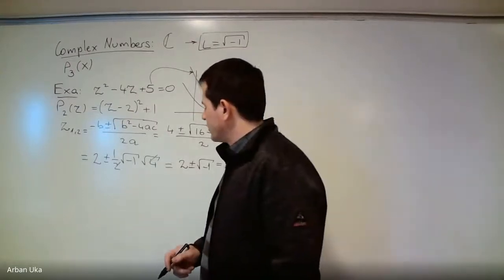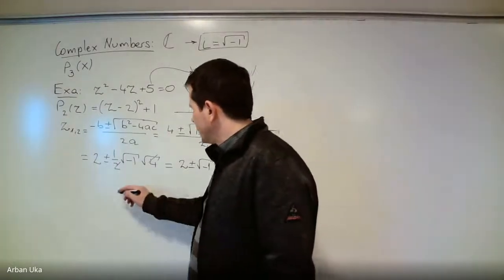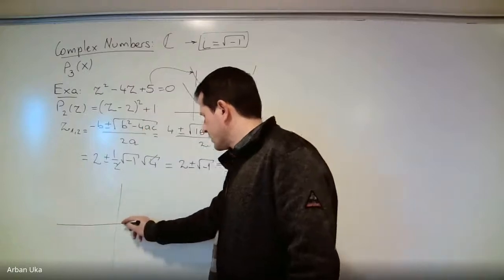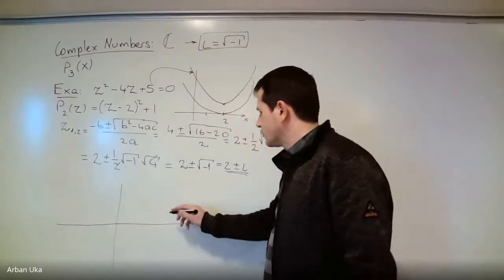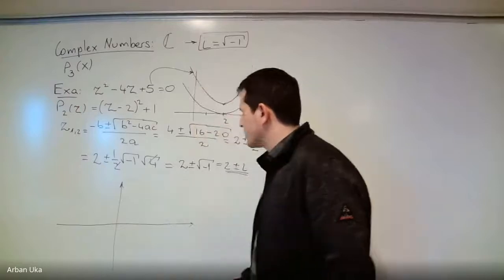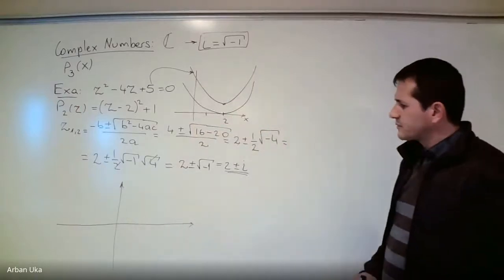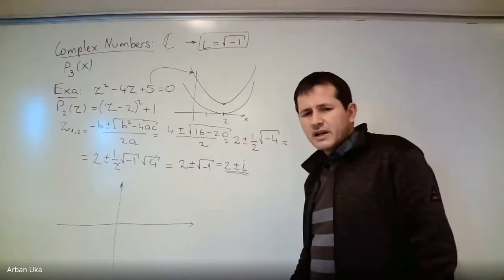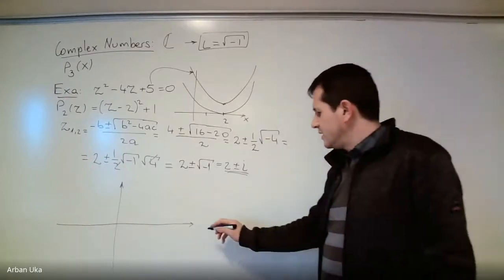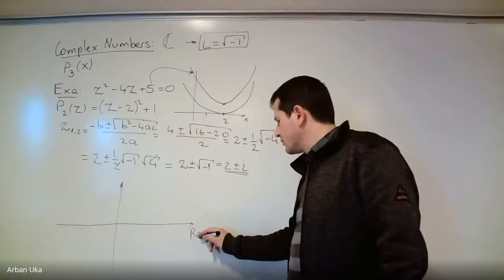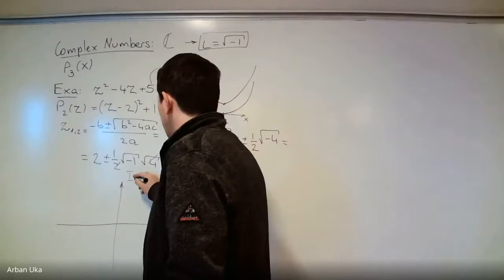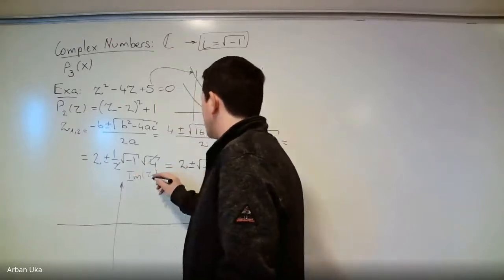But for the complex numbers, we do have a system to determine where these points are. We have a plane which looks like this, called the Argand plane, and here we write down the real part of the complex numbers, and here we denote the imaginary part.